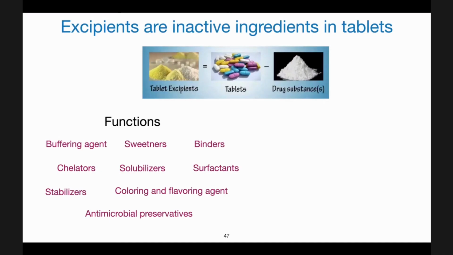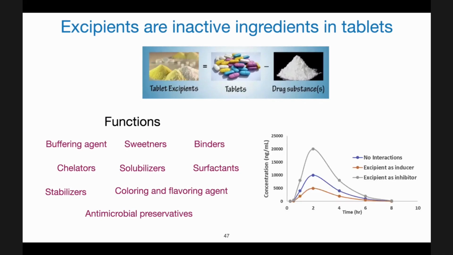However, sometimes these excipients can interact with components and really change the pharmacokinetics of the drug. For example, if an excipient has no interaction, we get this blue curve, where we are measuring the drug concentration in the plasma. If it is acting as an inhibitor, it can change the profile to really high concentrations.